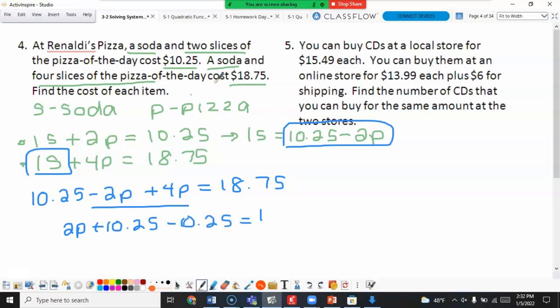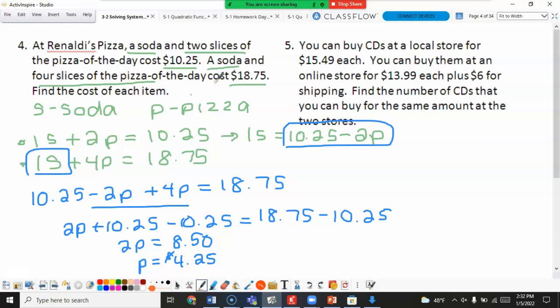And simplifying the numerical aspect. I get 2 pieces of pizza equals $8.50. So a single slice of pizza is $4.25.